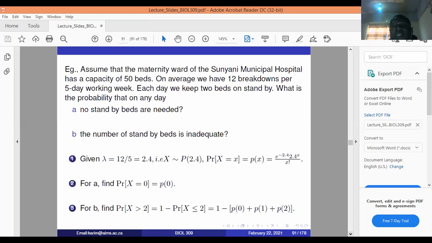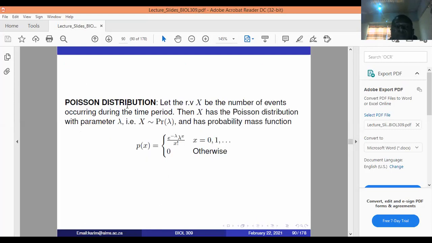Okay, so we also discussed the Poisson distribution, which is here. Under this one, we stated that when you are collecting data and your interest is just the count, let's say for every day in a particular hospital, how many newborn babies did you record?